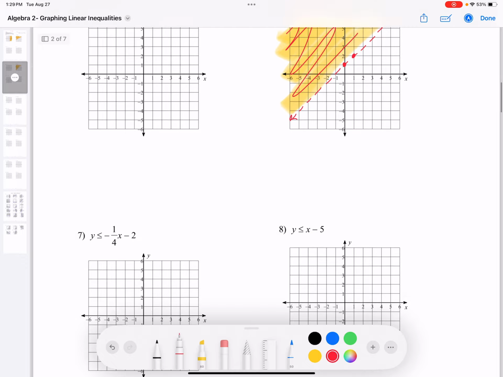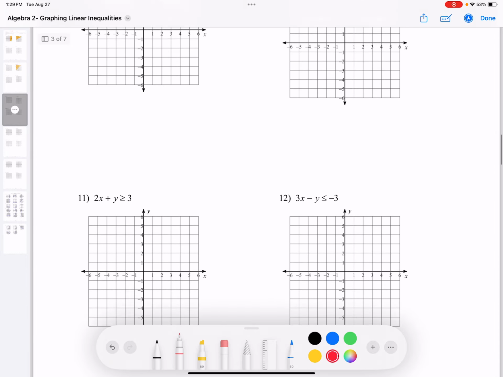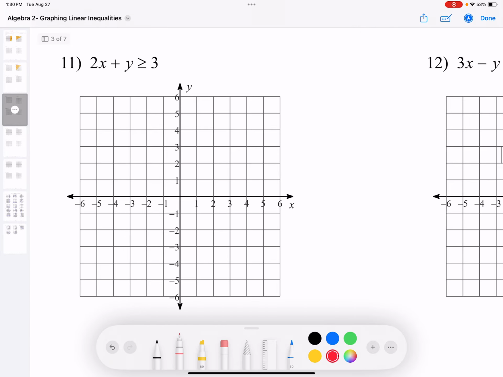So next type of problem is ones where we have to change from standard form to slope-intercept and then graph. So to change this to slope-intercept, we have to solve for y. So we're going to minus 2x on both sides. And we get y is greater than or equal to negative 2x plus 3. And that's it.